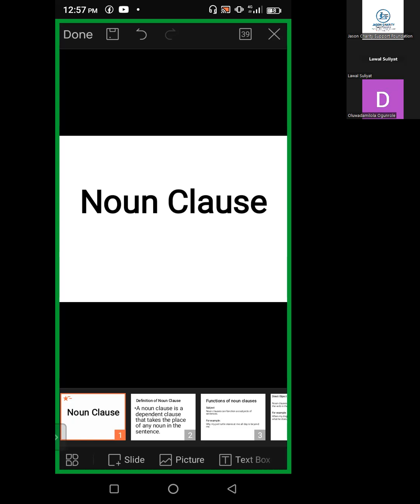So without wasting our time, I want to look at the noun clause today. What it means, how it is used in a sentence, how you identify them in a sentence. Those are the major things we want to look at concerning the noun clause today.